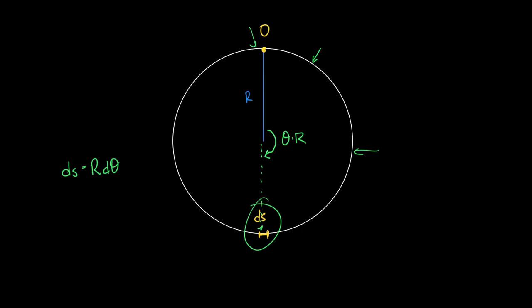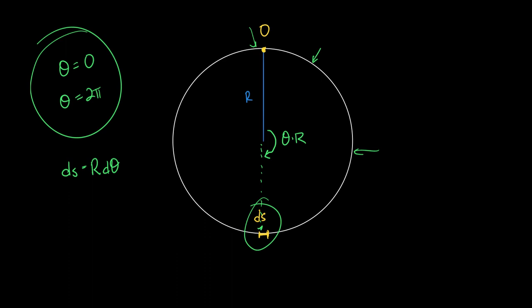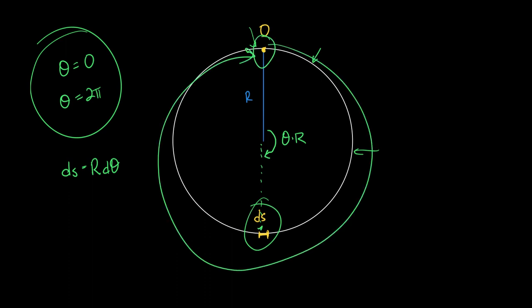That way I can add up every piece. And my first theta is going to start at 0, and my last theta is going to be 2 pi. Those are the limits. I'm going to go from here all the way around back to here. And that will give every single piece of arc length. We all right with all that?